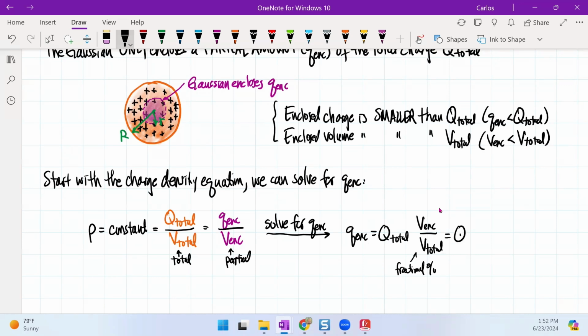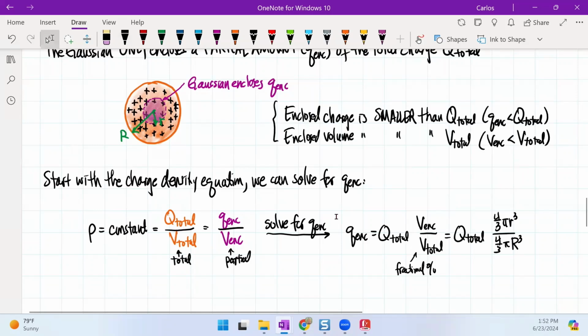So then if I start putting in my values, I know that the volume of the Gaussian depends on little r cubed. The volume of the full sphere is big R cubed, which is bigger. Again, what are these connected to? The violet is with the Gaussian, and the total is associated with these here.